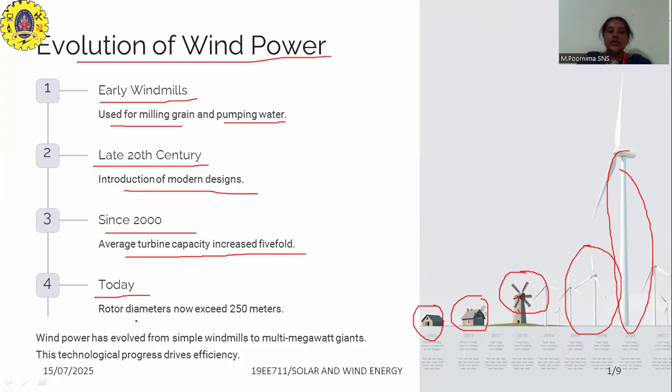And today, rotor diameters now exceed 250 meters. You can see that in the pictures. So wind power has evolved from the simple windmill to a mega giant, and this technological progress drives efficiency, all about efficiency.